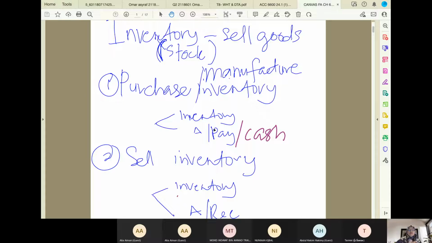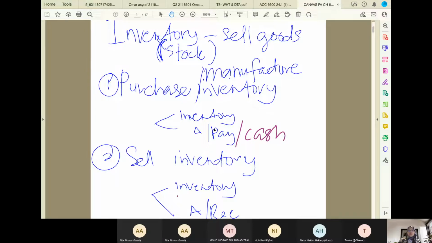That will involve the account we call inventory. When you purchase your inventory, it will involve your inventory account, meaning there's an increase in your inventory, and inventory is your asset. And when there's an increase, definitely there will be a debit in your accounts.